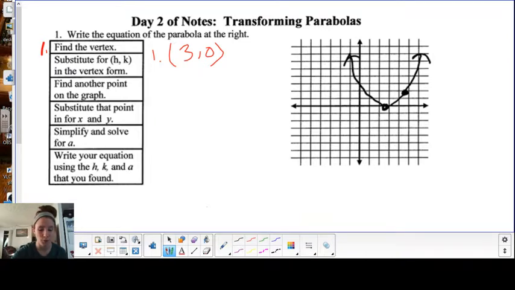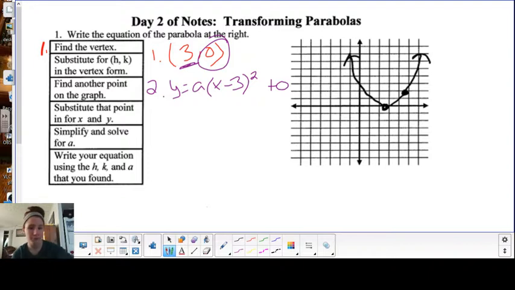So that equation was y is equal to a times x minus h, and so the minus h is going to be the minus 3 squared plus k, and then the k is going to be 0 because that's where I'm located. And that's where my y value is. So that's number 2.